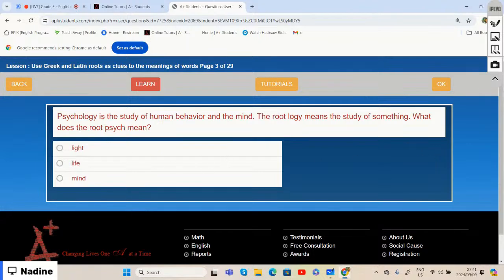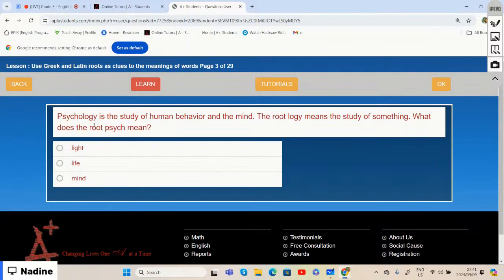All right, psychology. Psychology is the study of human behavior and the mind. The root logy means the study of something.